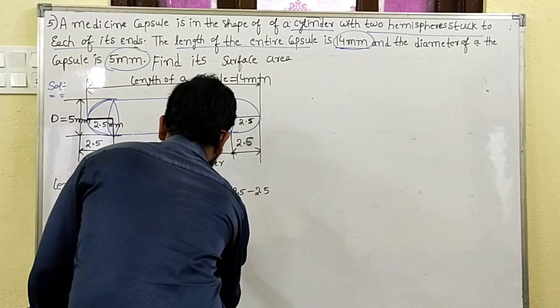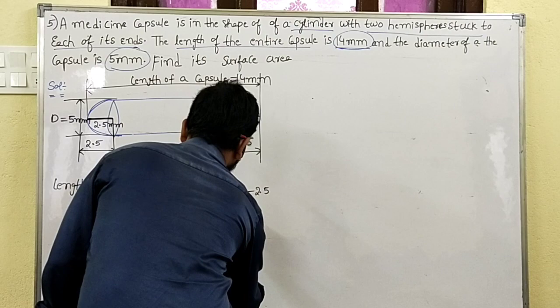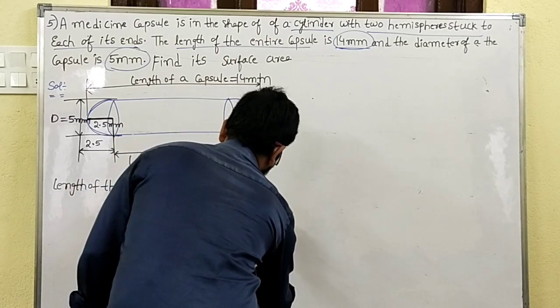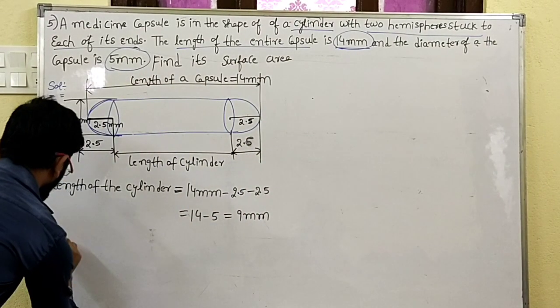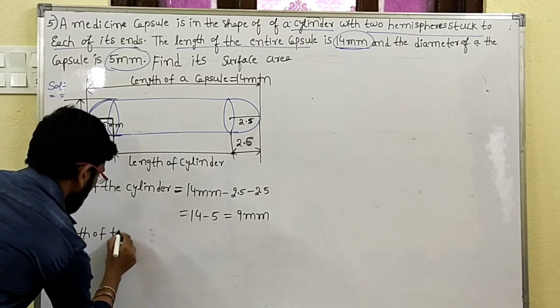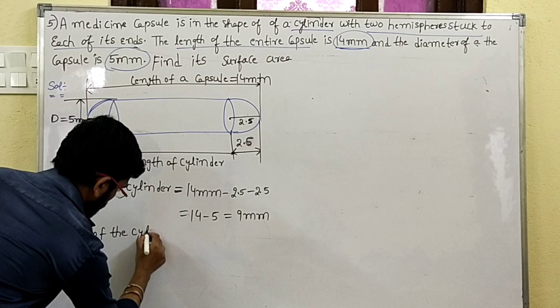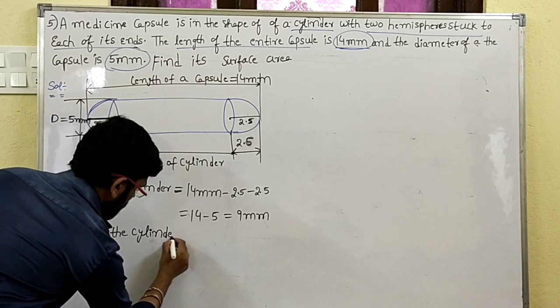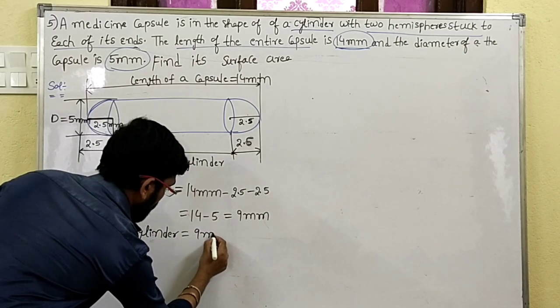So it will be 14 minus 5, it will be 9 mm. So the length of the cylinder is equal to 9 mm.